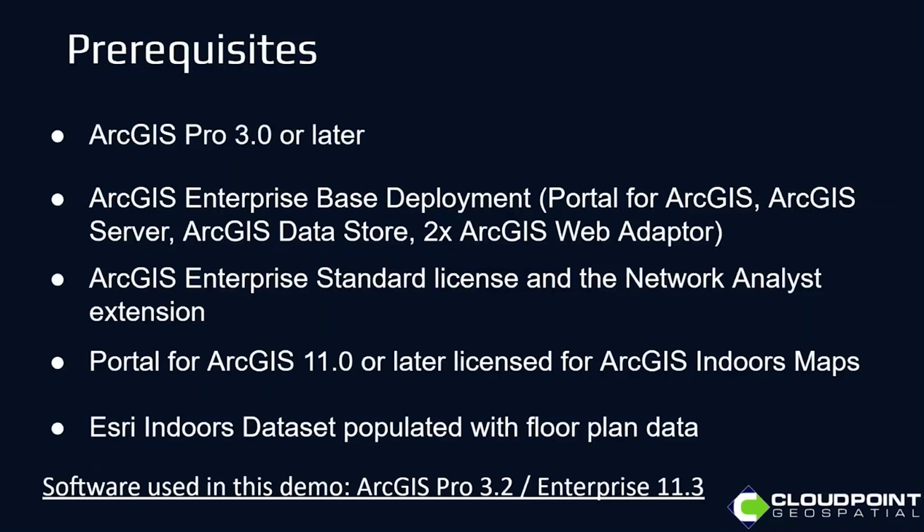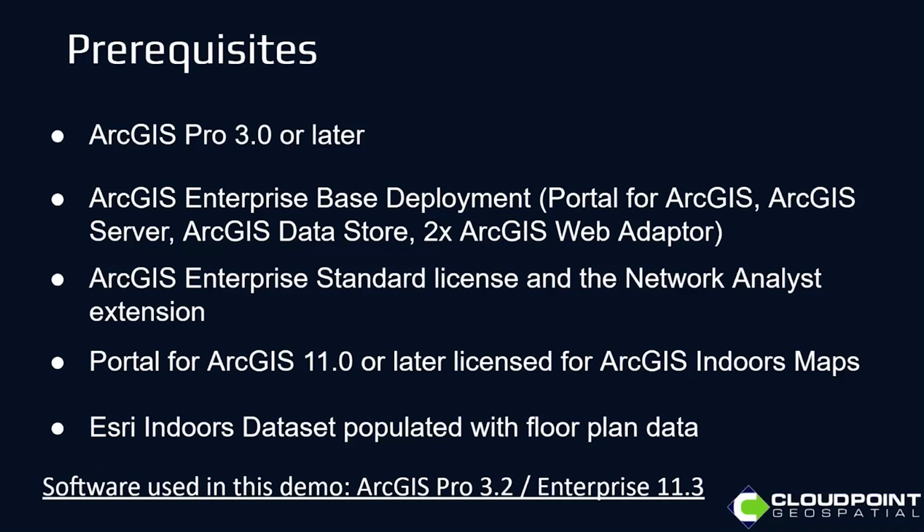Prerequisites for building your indoor route networks: you will need ArcGIS Pro 3.0 or later. You will need ArcGIS Enterprise base deployment. So at least you've got your enterprise portal for ArcGIS, ArcGIS server, data store, and that base deployment of ArcGIS Enterprise.